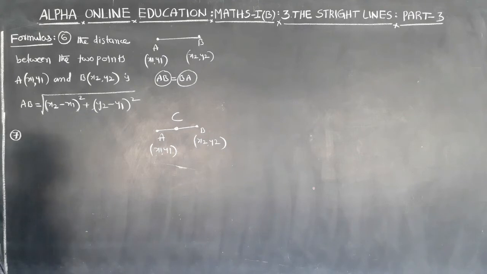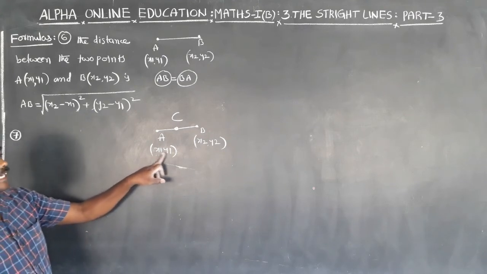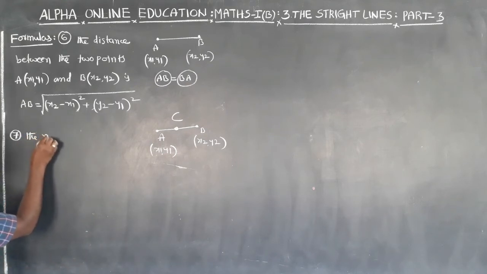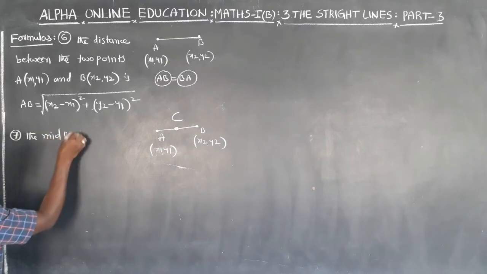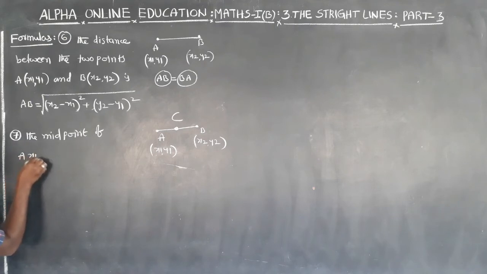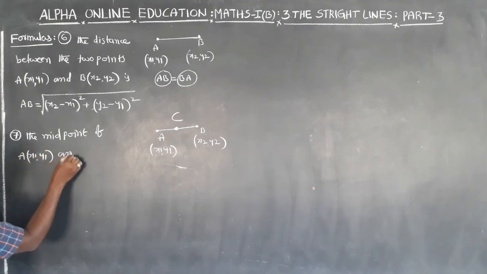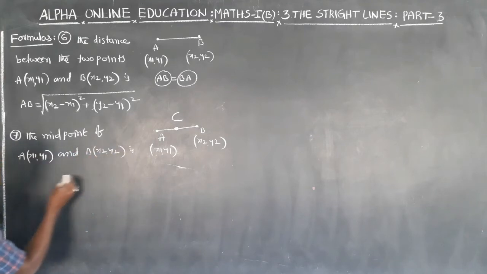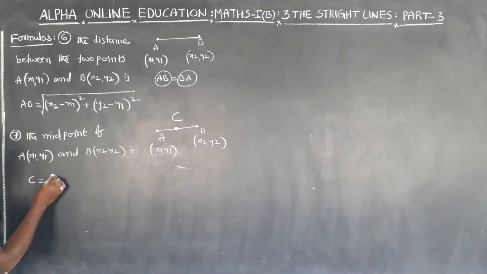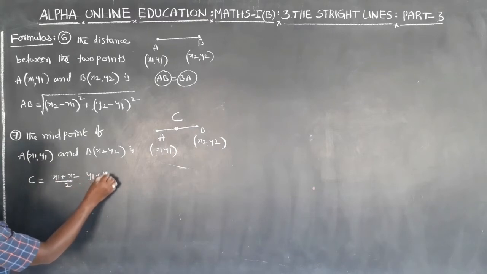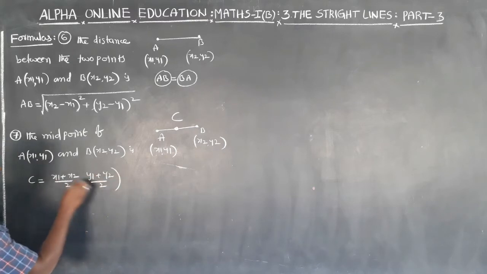The midpoint of the line joining A (x1, y1) and B (x2, y2) is the midpoint formula: (x1 plus x2) by 2 comma (y1 plus y2) by 2.